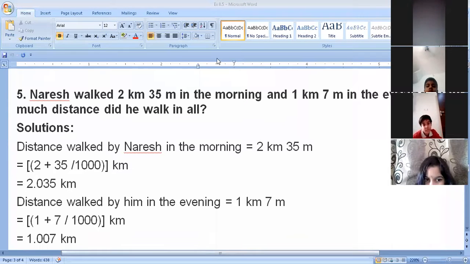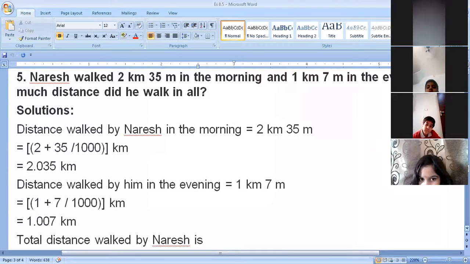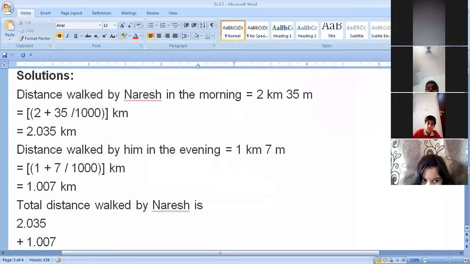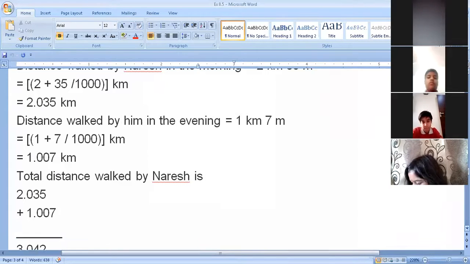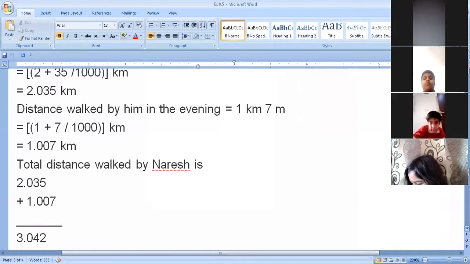It's not 1.70, but it will become 1.007. Yes, Aradhya. Anya Pali, you're right here. So when you take out the total distance walked by Naresh, you'll be adding the numbers 2.035 and 1.007. We'll add these numbers, so you'll be getting 3.042 kilometers.